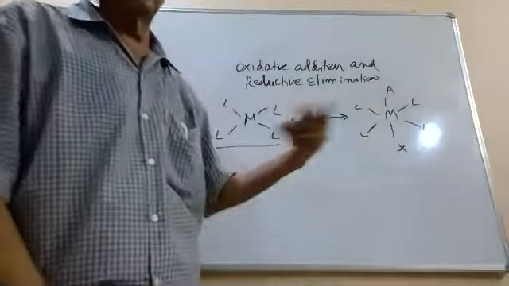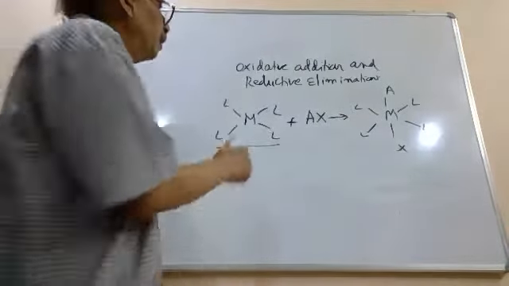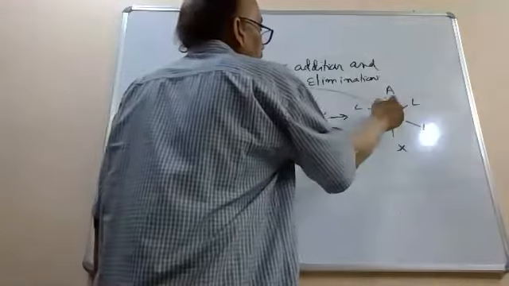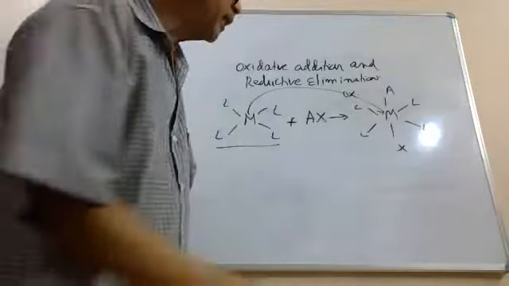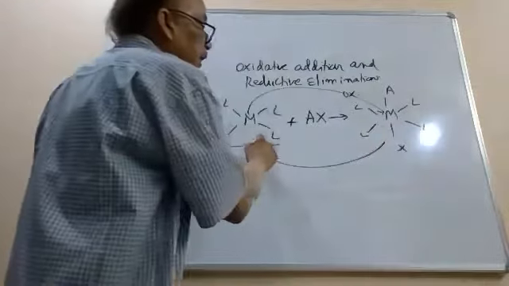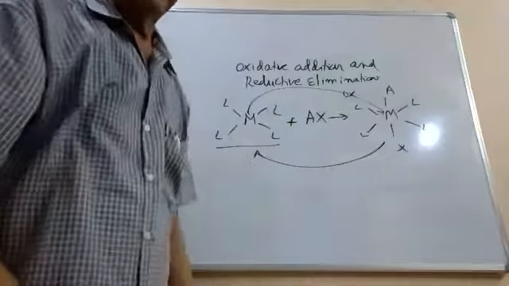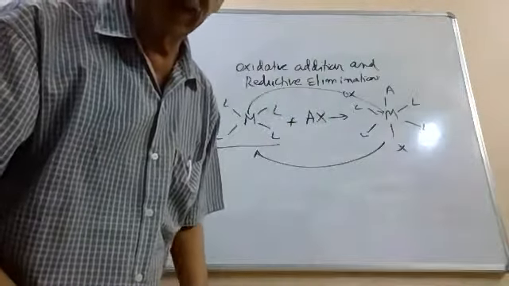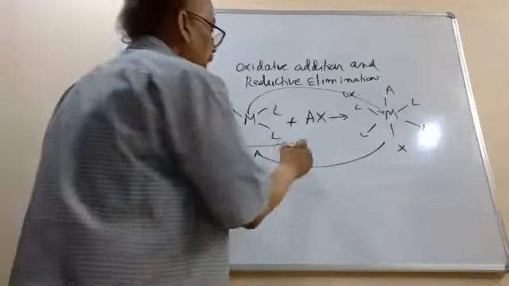In general, most of them are anionic ligands here, which implies that the metal gets oxidized. In some cases, just the opposite happens, where A-X leaves, giving you the square planar complex again. During that process, the electrons are given back to the metal, so that is a reduction here.